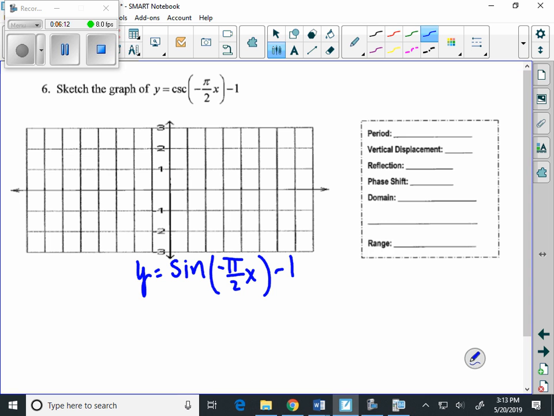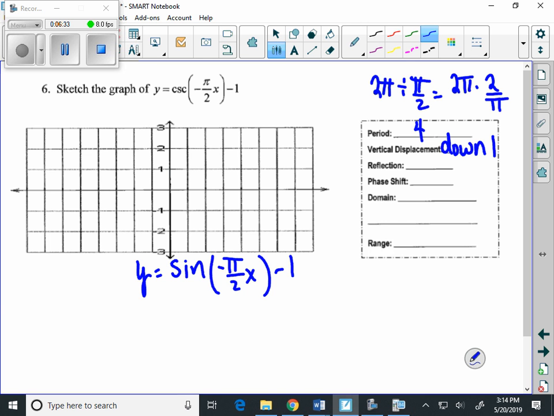Our period is going to be 2 pi divided by pi over 2, which is 2 pi times 2 over pi, which is 4.